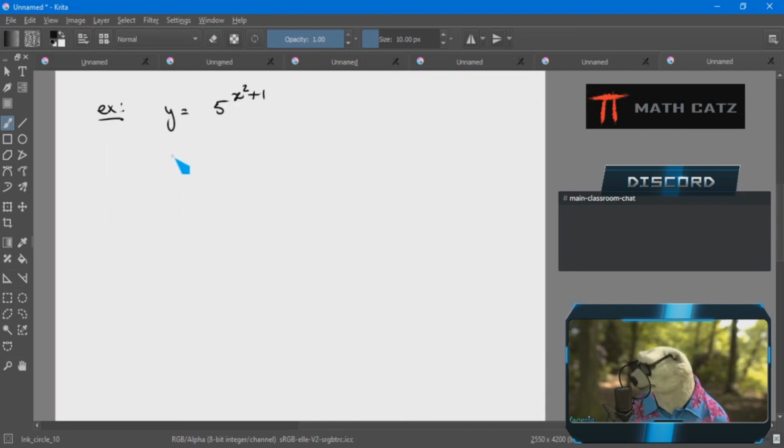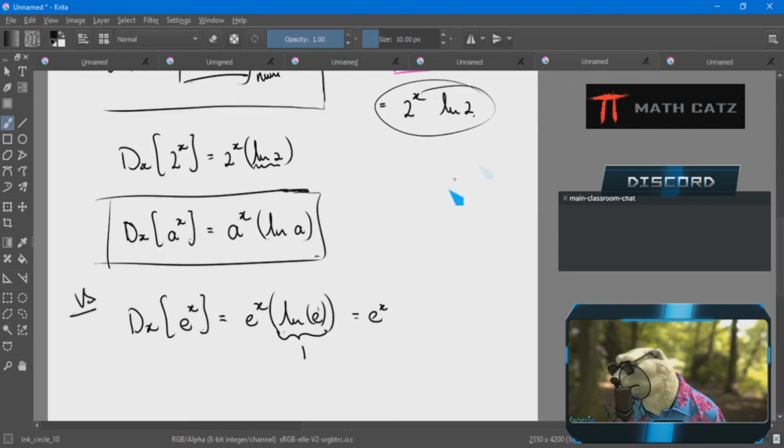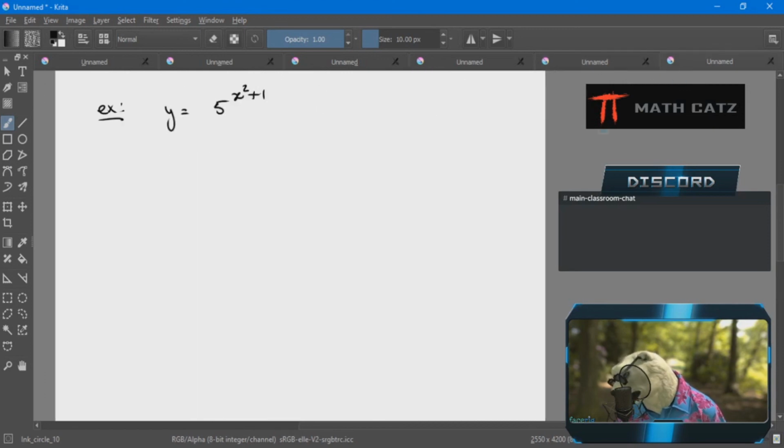Now, we have 3 minutes. So let me ask you a question. What is the first property I'm going to use for this one? And I don't mean these properties. Technically, this is not a property. This is just how it works. My original list of 7 properties. What is the first property that I'm going to use here?